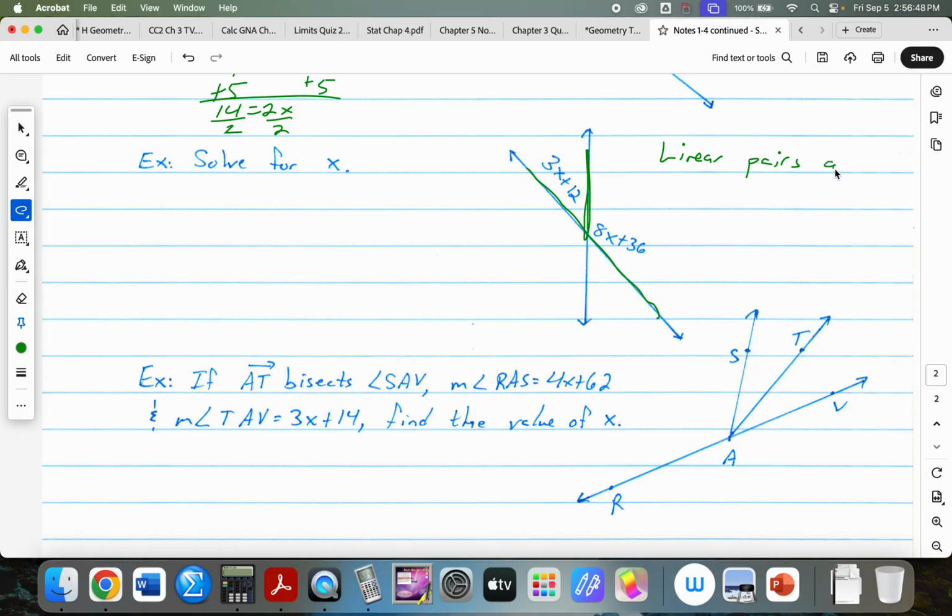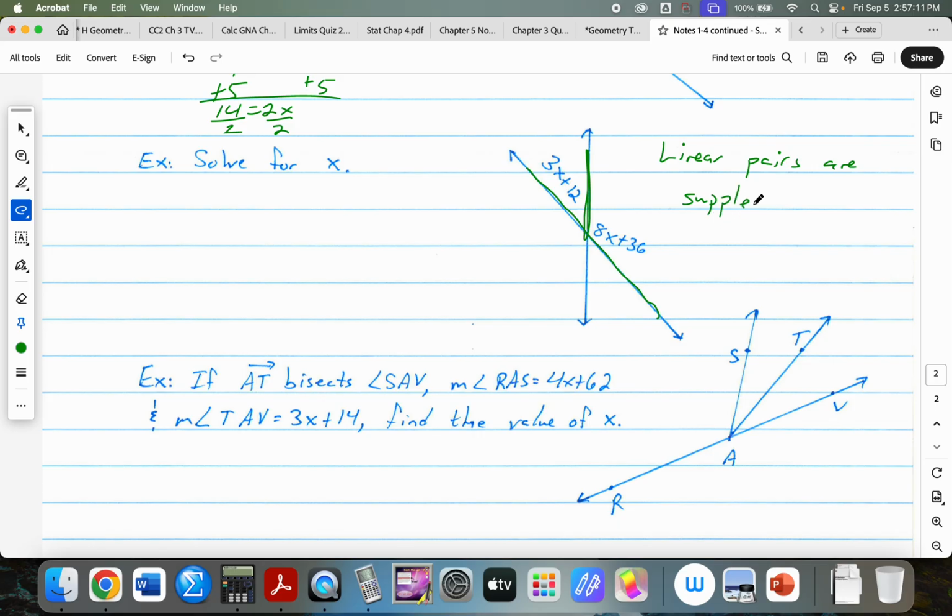And linear pairs, what's their relationship? I'm sorry? I just couldn't hear it over the air conditioner units. One word. Yes, supplementary.